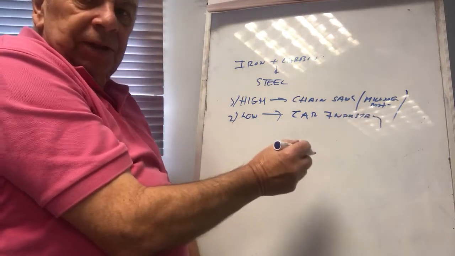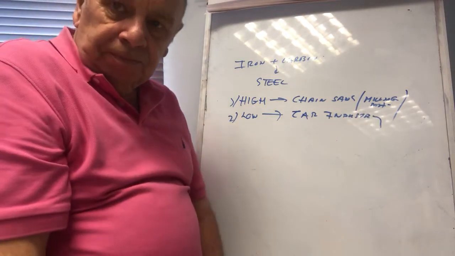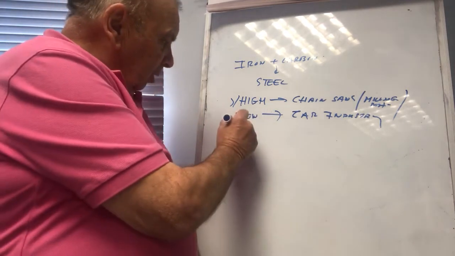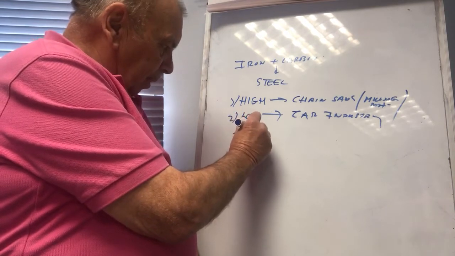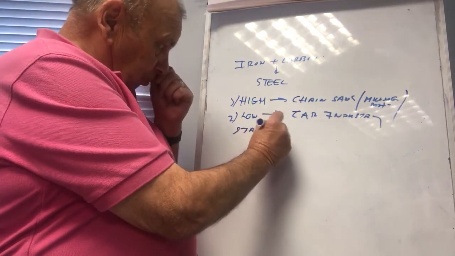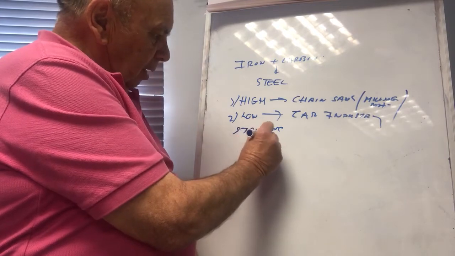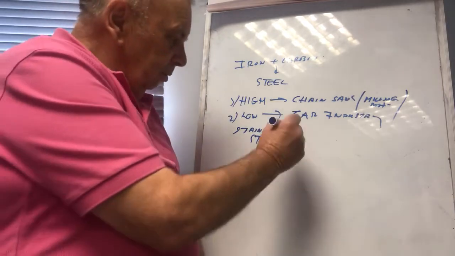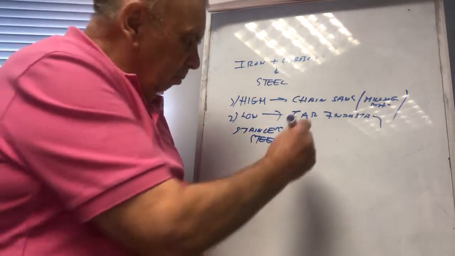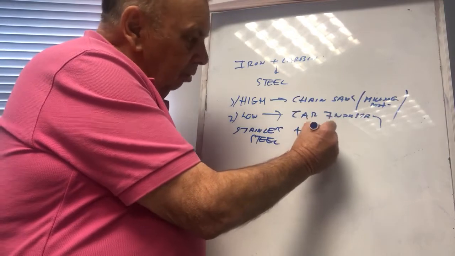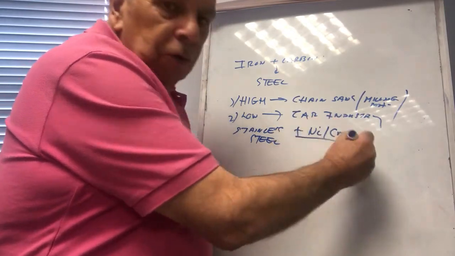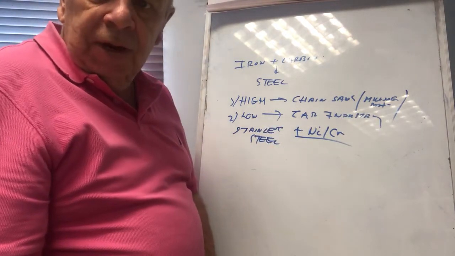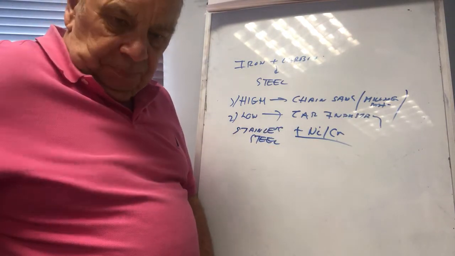And then you get things like stainless steel. Stainless steel looks shiny, and is an alloy of iron with some carbon, but then they add nickel or chromium, which are less reactive than the iron.